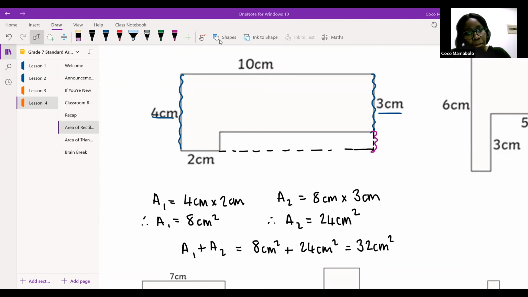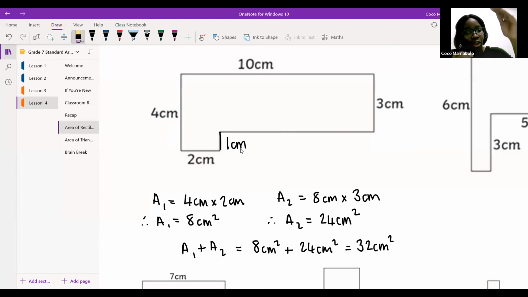What is missing? Okay. This part over here is going to be 1 centimeter. But now the 1 centimeter is not over here because this is not a full rectangle. The 1 centimeter is over here. Here it is, 1 centimeter. And that's where we get it from. So we need to make sure that all the sides of the rectangle add up to the same thing on either side.